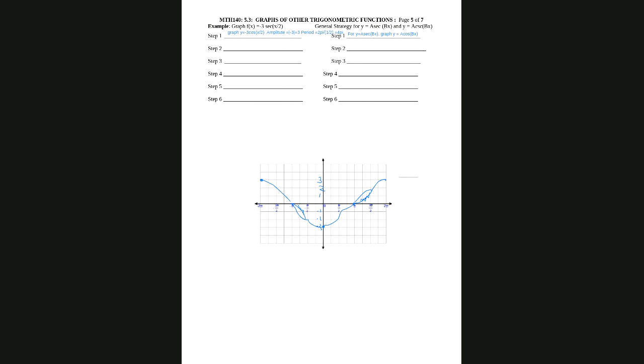Okay, next we'll draw the vertical asymptotes where y equals 0. So down here, everywhere where y is equal to 0, that gives us a vertical asymptote.